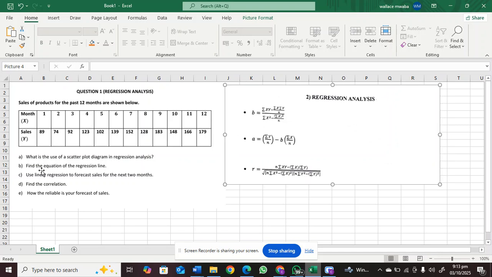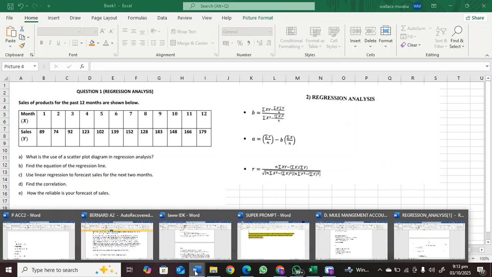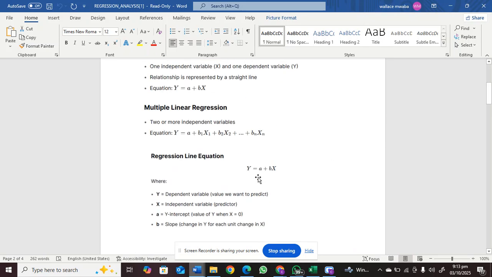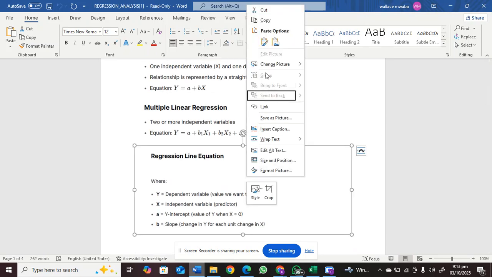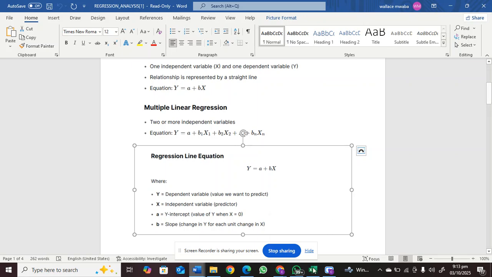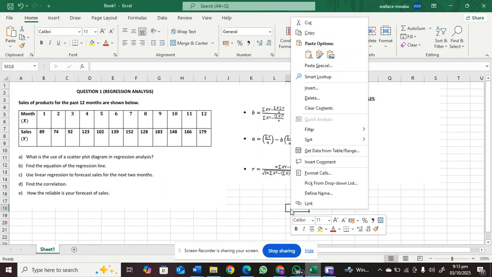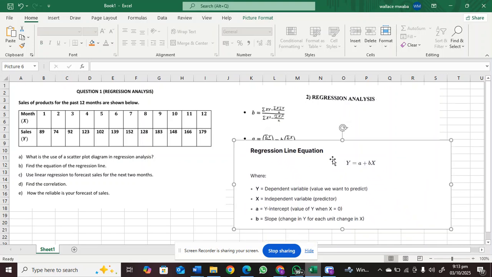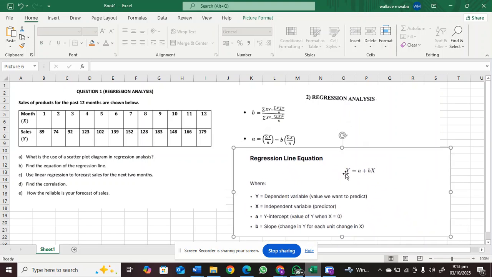Part B, they said find the equation of the regression line. So the equation of the regression line is like this: Y equals A plus BX.